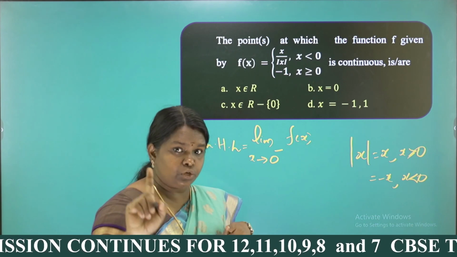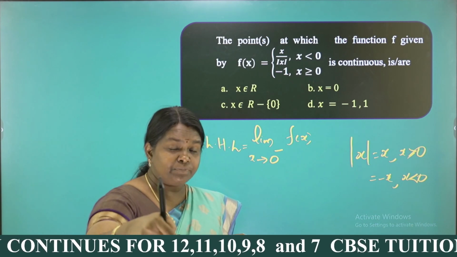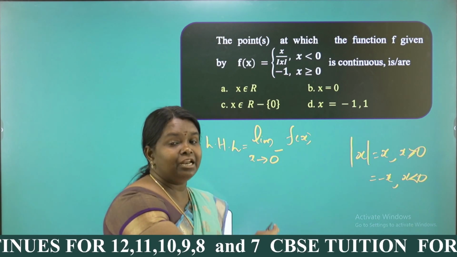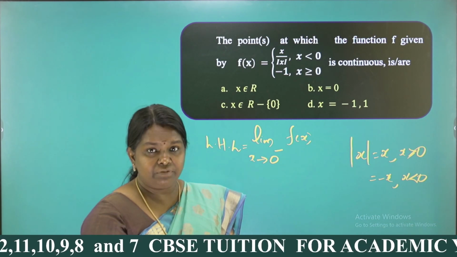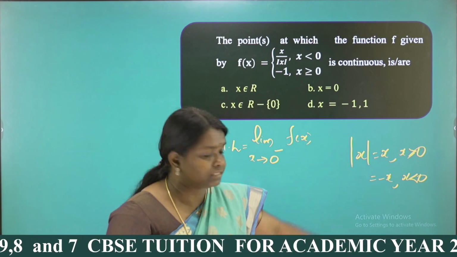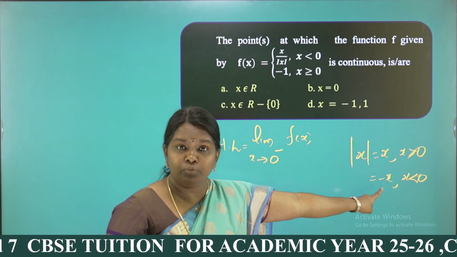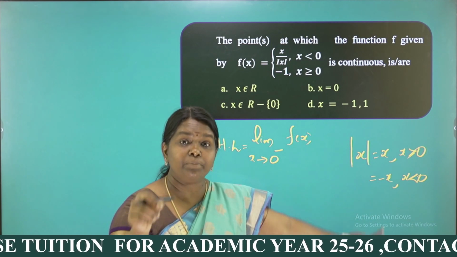It is very close to 0, but it is on the left side of 0. Left side of 0 means it will be negative. That means x is less than 0. So, what is the modulus value? The modulus x function is equal to minus x.